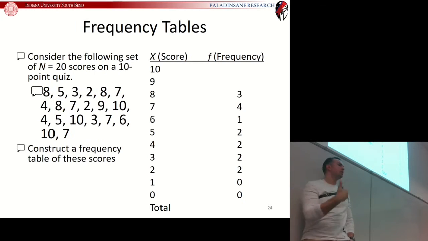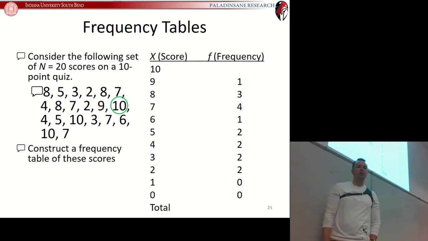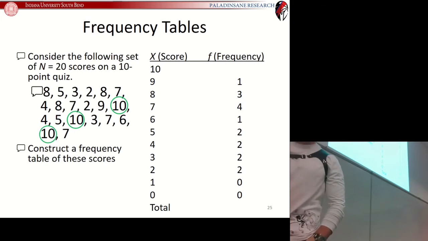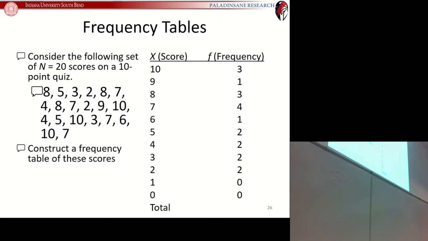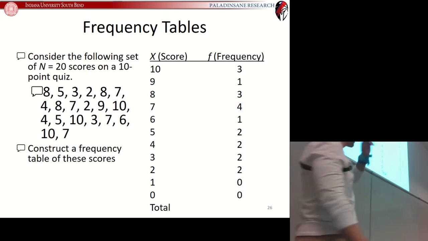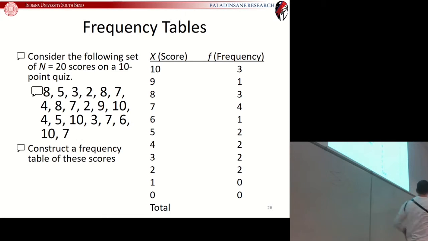So we continue to build and update the frequency table depending upon how many people achieved each possible score. We got one individual that scored 9 out of 10, so we put a frequency of 1 into the row for 9 out of 10. And then finally, we got 1, 2, 3 individuals that scored 10 out of 10. So that gives us a frequency of 3 for scores of 10 out of 10.